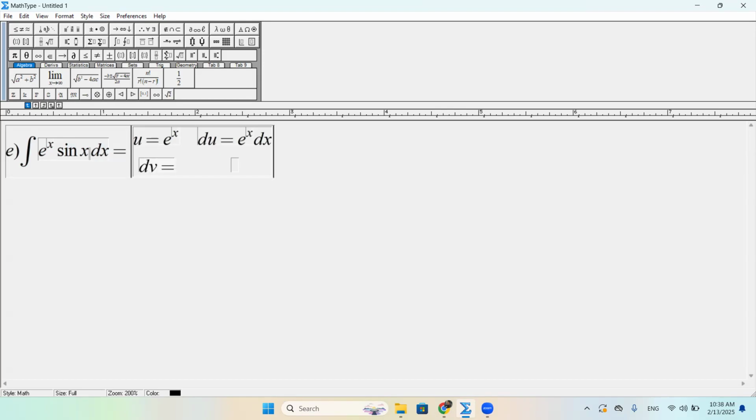dv equals sine of x dx, and v equals minus cosine of x. By the way, not only when integrating by parts, please always be attentive with the signs, because it's easy to lose a sign.